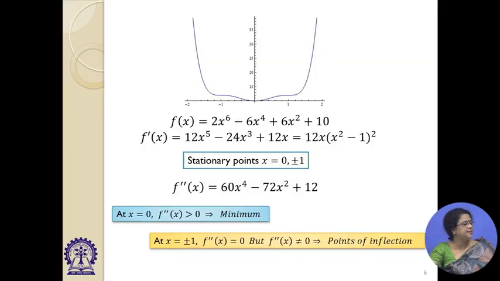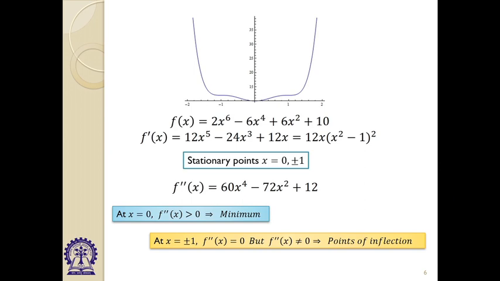And at x plus minus 1 f double prime x is coming 0, but f triple prime x is not equal to 0. That is why we can say that since the n is here odd, that must be the point of inflections at plus 1 and minus 1. From the picture also we can see the same pattern.